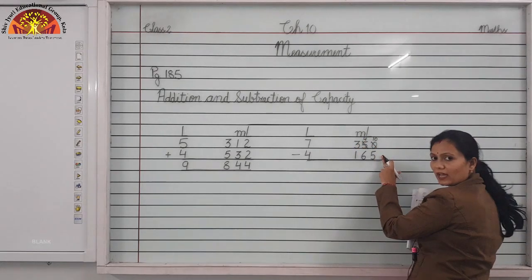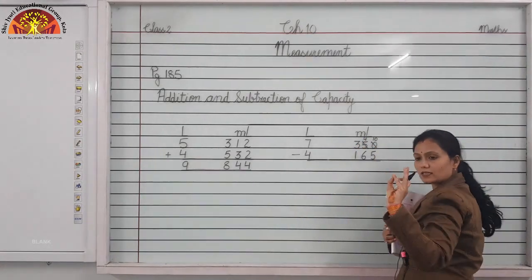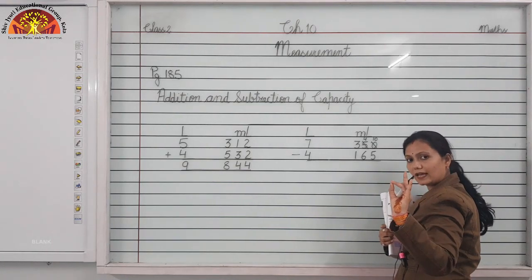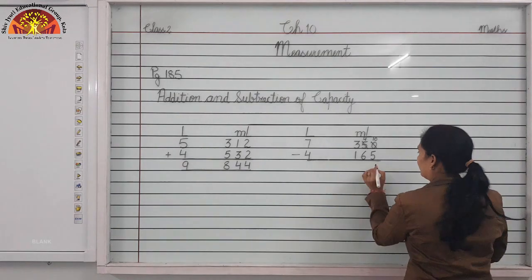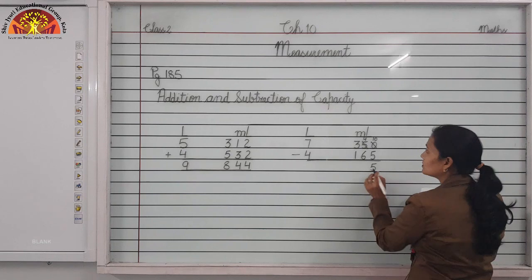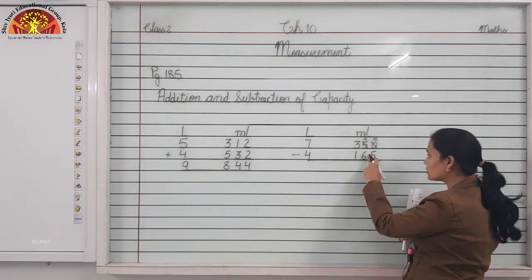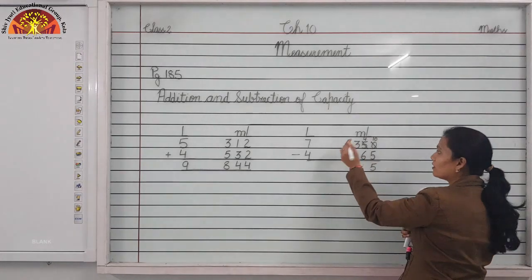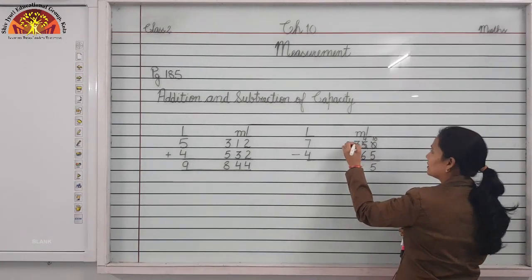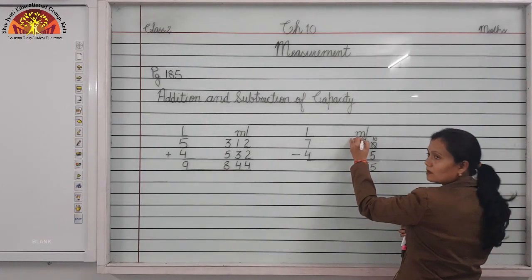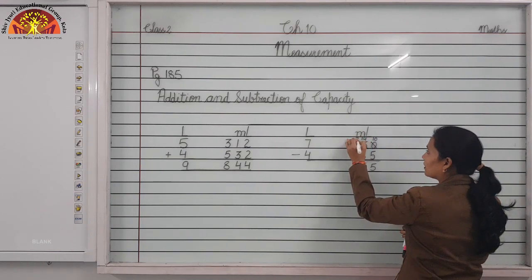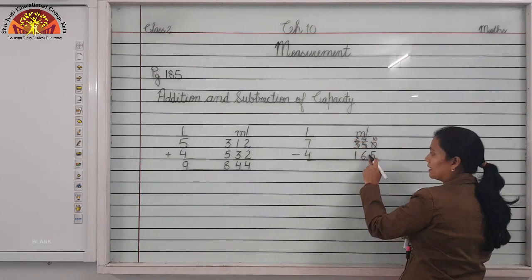Now 10 minus 5 is, count after 5: 6, 7, 8, 9, 10. How many? 5. 10 minus 5 is 5. Next, 4 minus 6. Again it is not possible to subtract 6 from 4. So we'll borrow 1 from 3. Now this 4 becomes 14 and this 3 becomes 2. 14 minus 6.